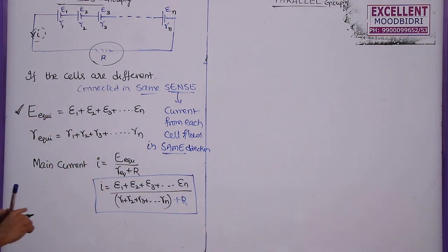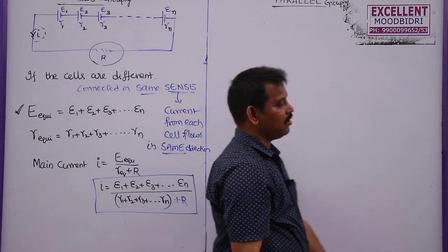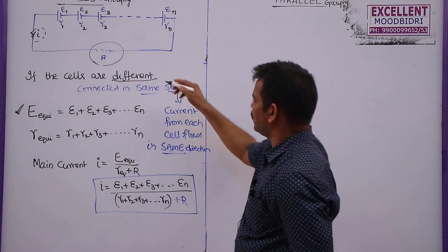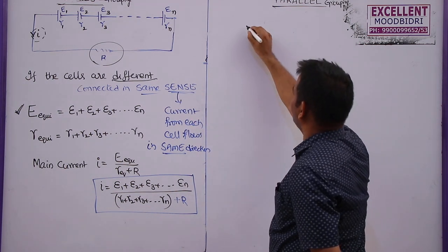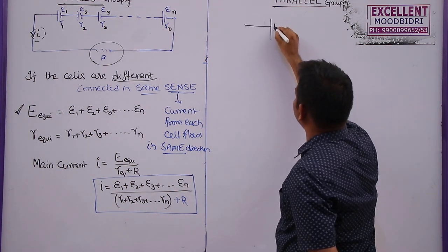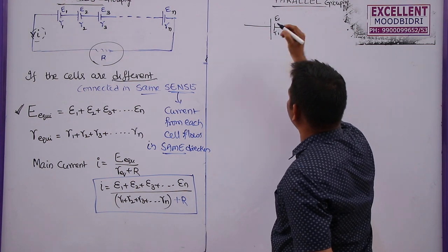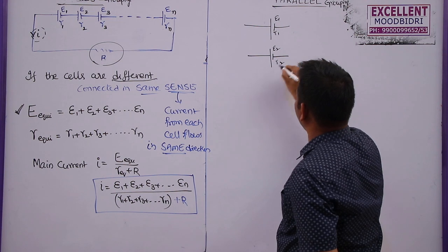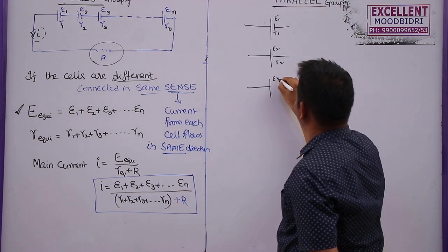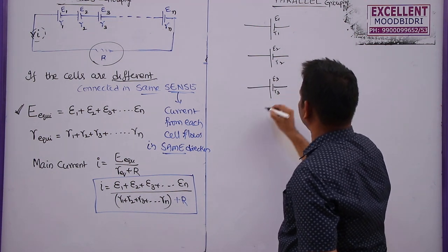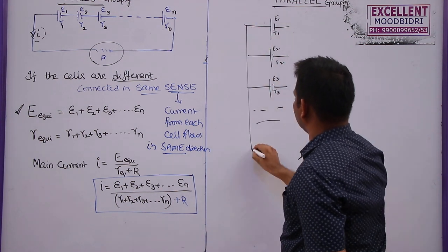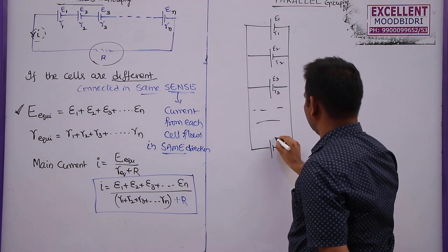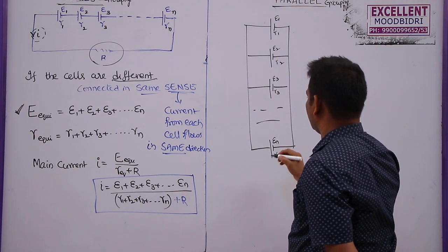Similarly, consider the parallel grouping of different cells, where the cells are not identical. This is E1 with internal resistance R1, this is E2 with internal resistance R2, this is E3 with internal resistance R3 and so on. So many cells are connected like this, and the last cell in this combination is En with internal resistance Rn.